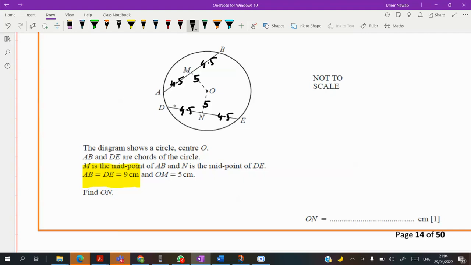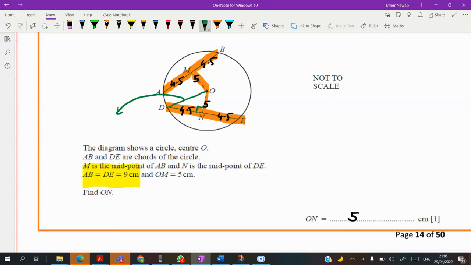Okay, right? So we are ready to find. We found it, I think. Yeah, OM is 5. So ON is also 5. It's a 1 mark question. The reason is the lengths are the same. So they are perpendicular, and they must have the same distance from the center. So we use this property. This is 5. But he could have asked you what is the radius of the circle.